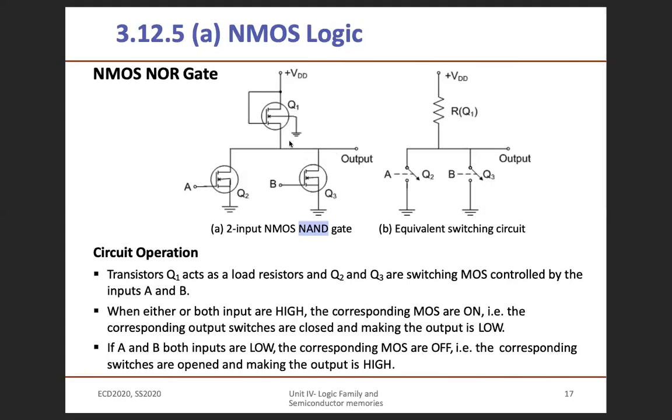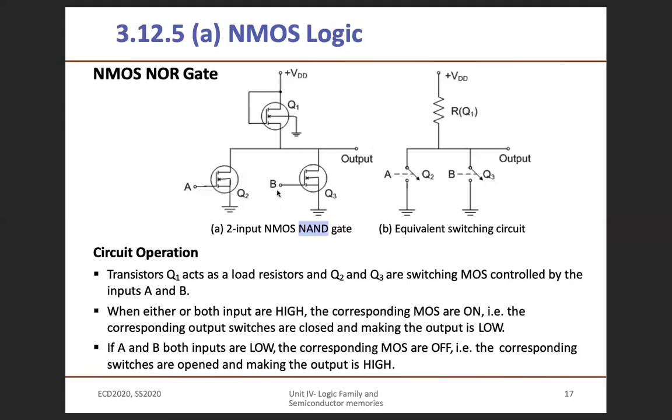You are going to verify this circuit with the help of the truth table. The NOR gate truth table is the opposite of the NAND gate's. You will have 1, 0, 0, 0. You will have output 1 when both A and B equal 0, otherwise it will be 0.